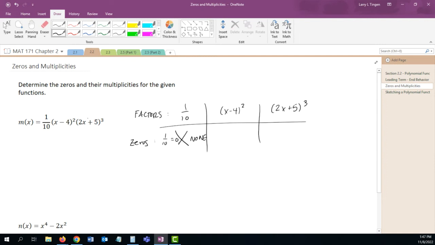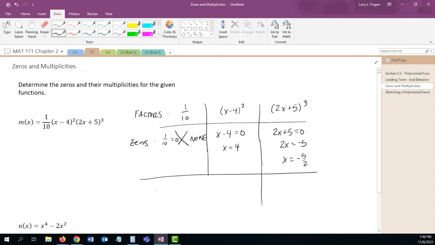But I want you to understand I'm taking all the factors, setting them up in the table. What makes my second factor 0? 4. What makes my third factor 0? -5/2.